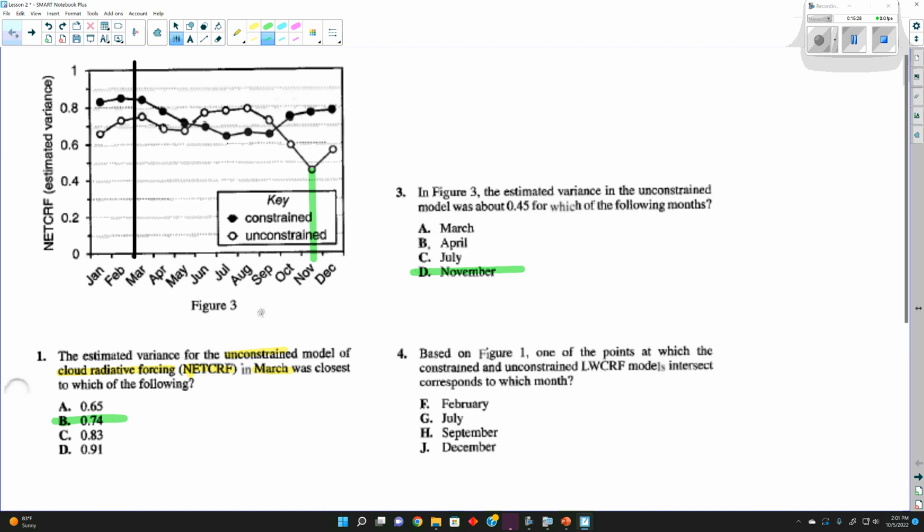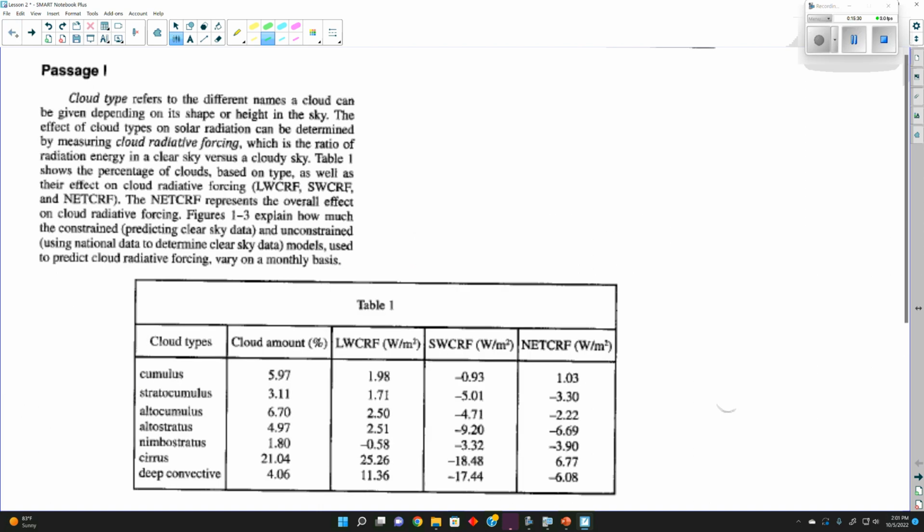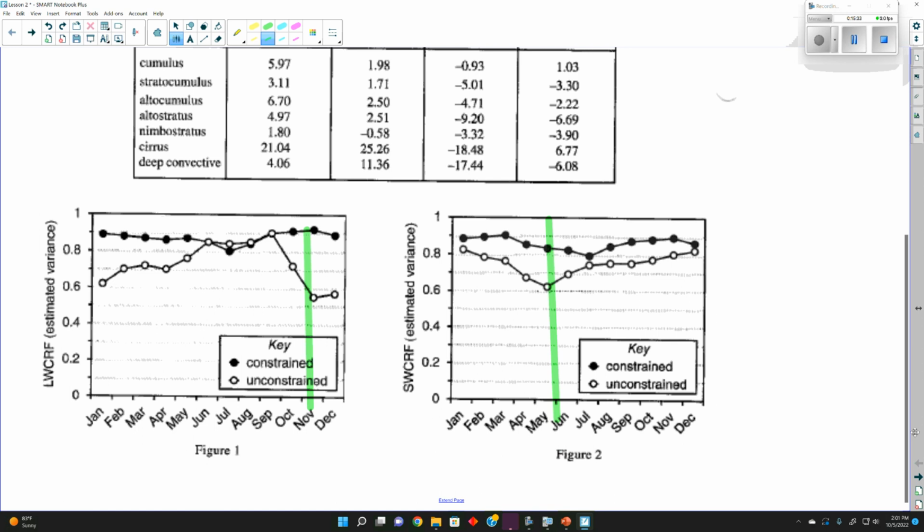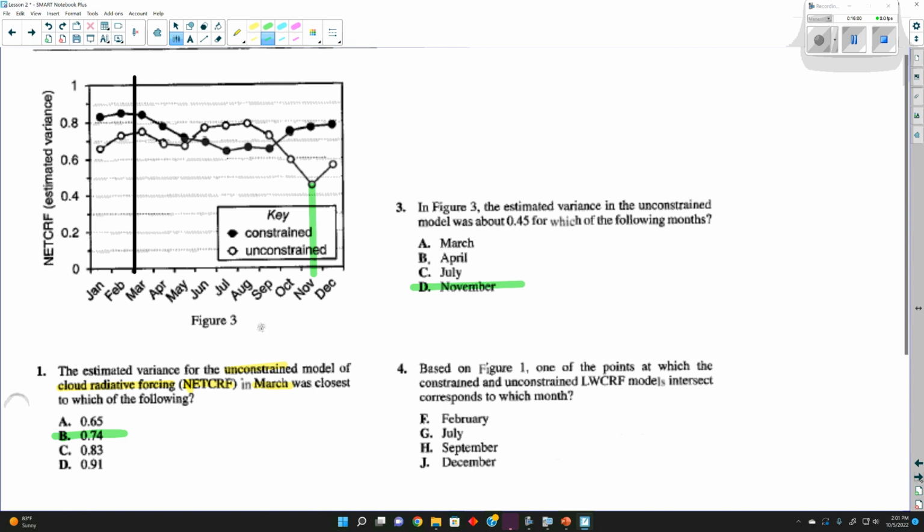So figure 1. Because we have one in about May, and then we have one in July. Which is H.